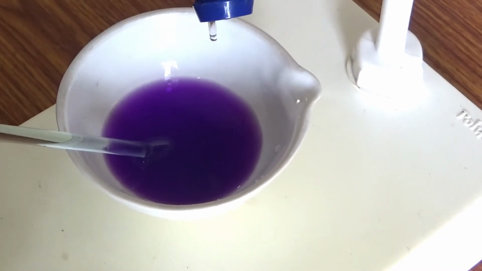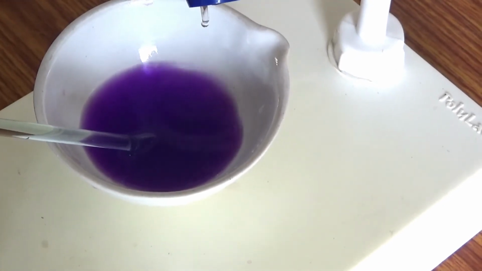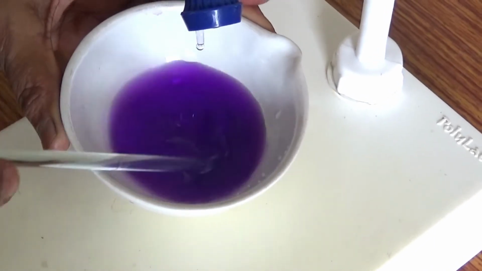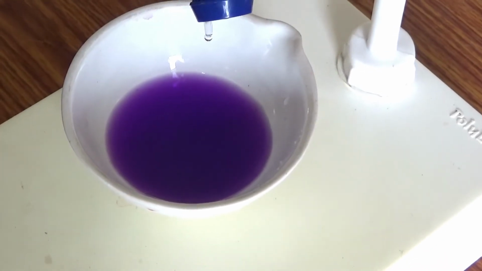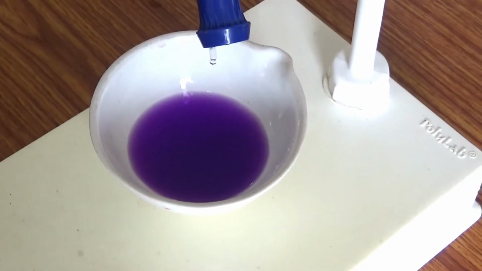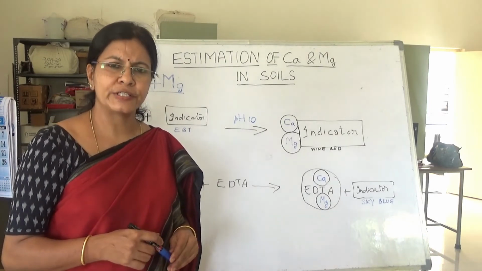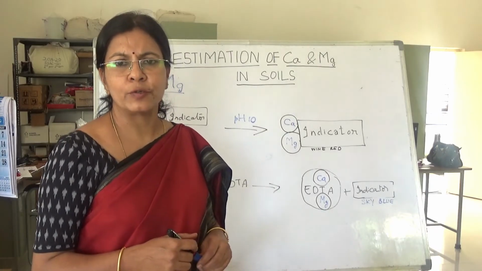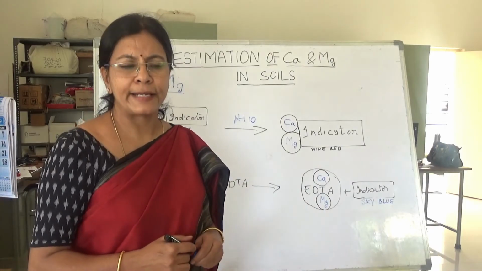So you can stop here. So this is absolute purple, which is the end point for the first experiment, the calcium estimation. Note down the titer value. So after doing the estimation of calcium and arriving at a uniform titer value for 2 consecutive titrations, we will next proceed to the calculations.